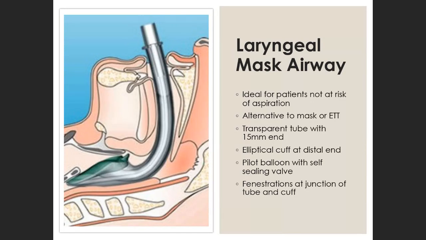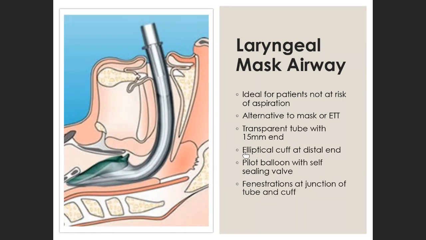If you see from the picture, it is inserted orally, sits over the introitus of the larynx with the epiglottis upright and pressed against the base of the tongue, and the tip of the laryngeal mask sits in the esophagus. This is when it is ideally placed.